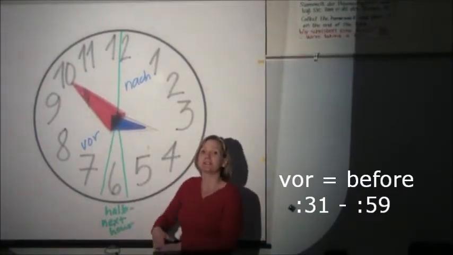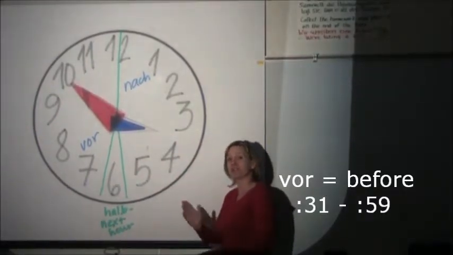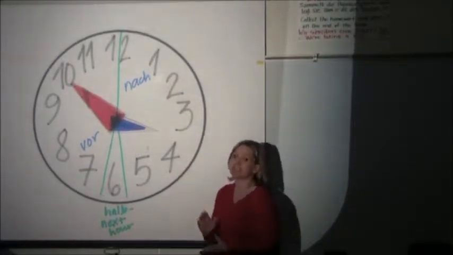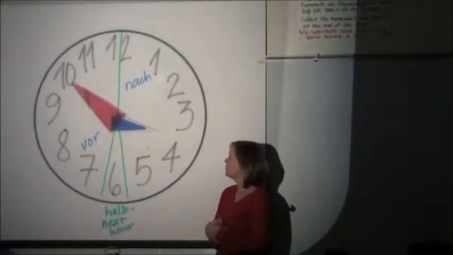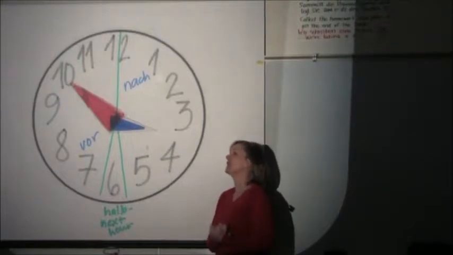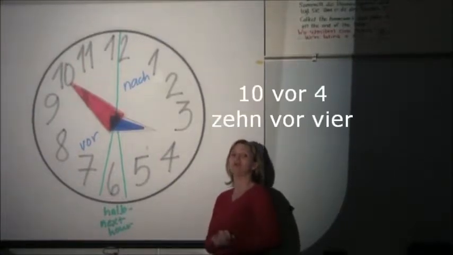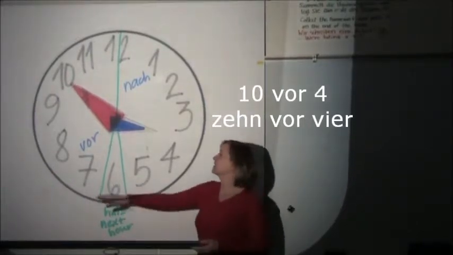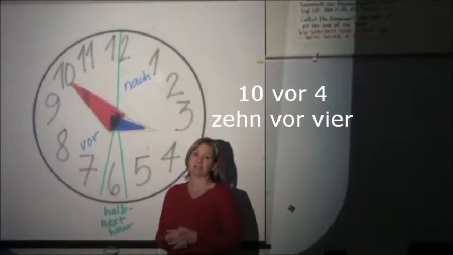And so we can say how many minutes before the next hour it is. So, if in English I would say it's 10 to 4, in German I would say 10 vor 4. 10 minutes before 4. I love how vor is a good cognate for the word before.